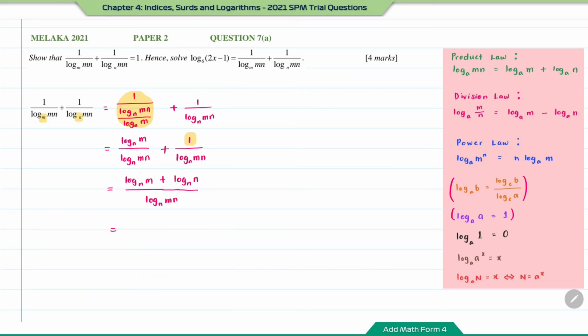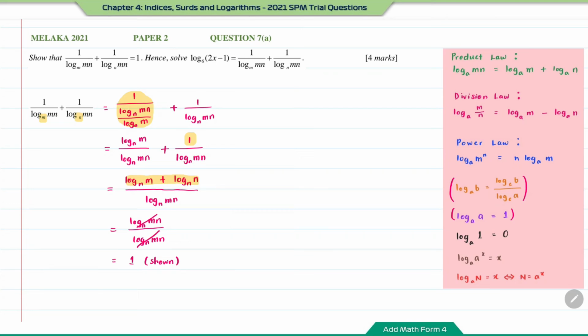Now, for the numerator part here, using the product law, I can combine this as log base n of m times n, which is mn. Now, simplify this. You're going to get the answer of 1. Therefore, we already showed that the log on the left-hand side is equal to 1.